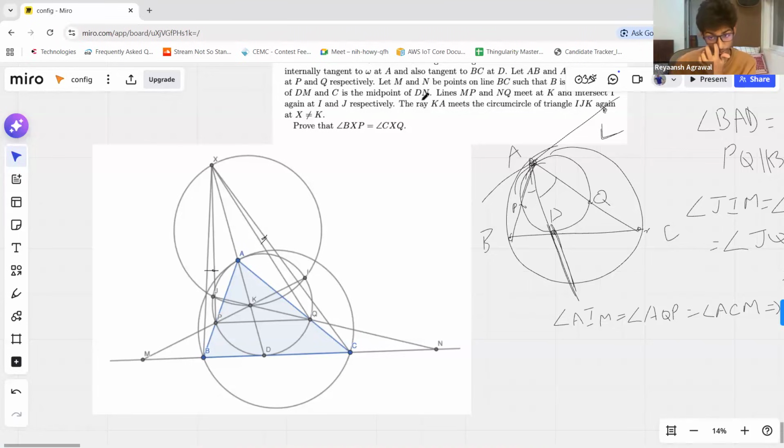Fine. Radical axis. What do you do with the radical axis? How can you show it? Maybe unmute.